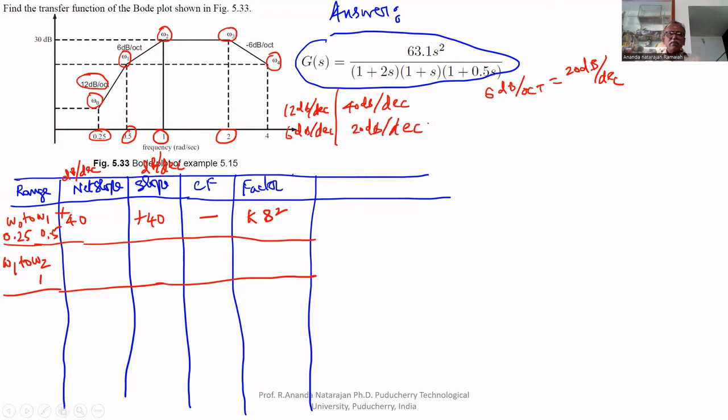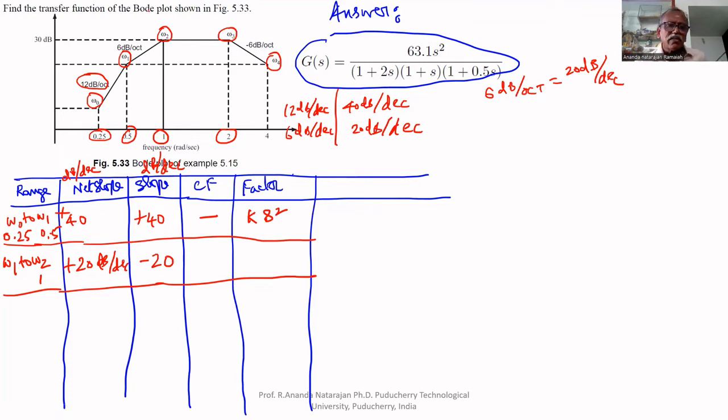Positive value reduced means some negative value came. So the new net slope is plus 20 dB per decade. It means the contribution by the factor is minus 20. That's why it reduced from 40 to 20.